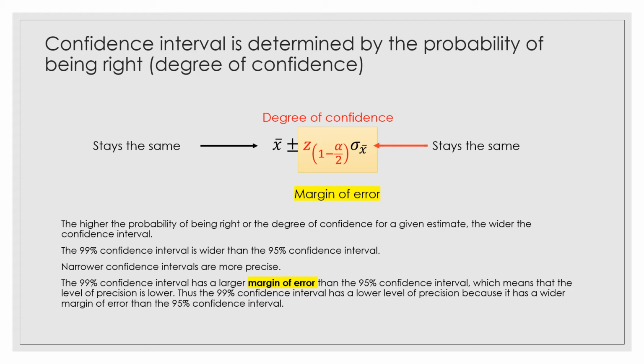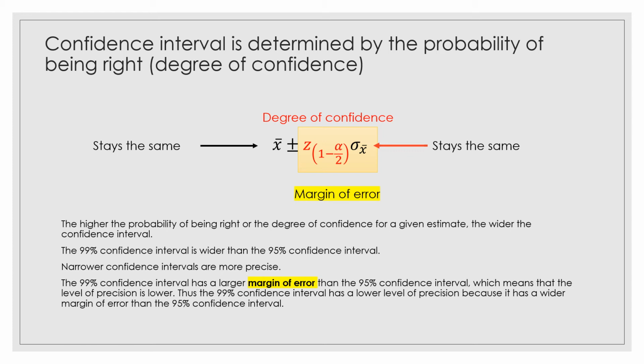The higher the probability of being right, or the degree of confidence for any given effect, whether it's the mean, the regression coefficient, or the proportion or the percentage, and so on, we are going to get a wider confidence interval.